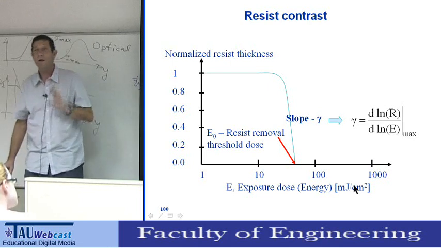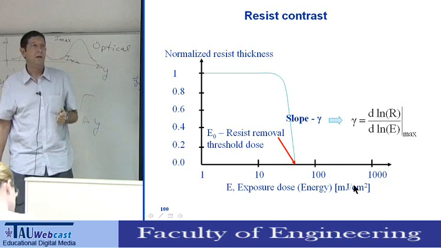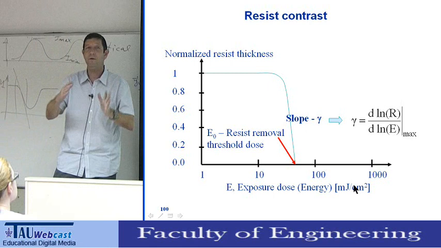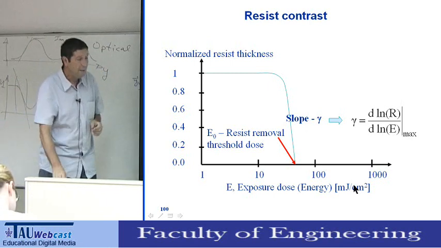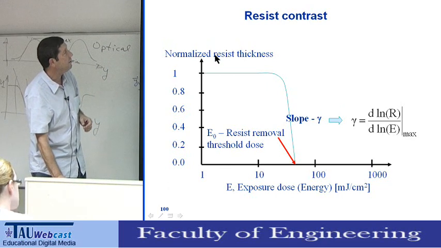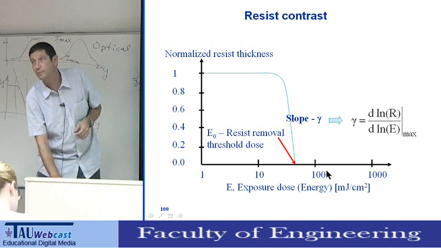Typical numbers are in normal photoresist. This X scale is typically given in millijoule per centimeter square. And typically, you plot this in a log scale, because the resist contrast depends on the log of the dose very strongly.